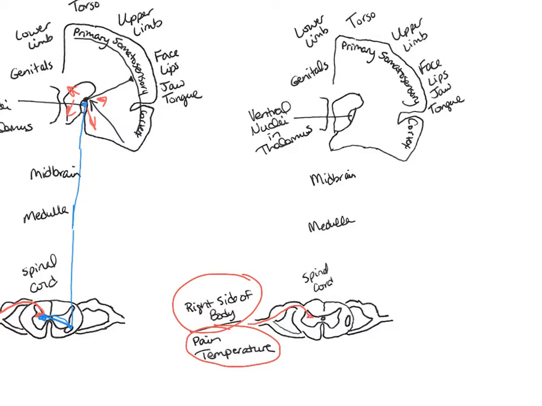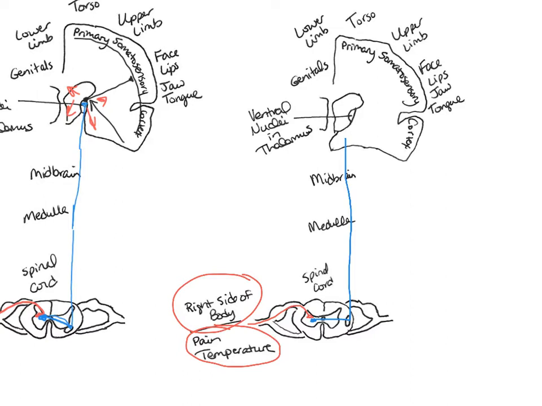It again is going to synapse onto that second order neuron. The second order neuron is now going to go over to the lateral white column and now up. So the only difference is the anterior spinothalamic is going up the anterior pathway. The lateral spinothalamic is going up the lateral pathway.